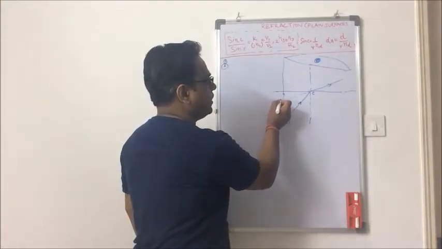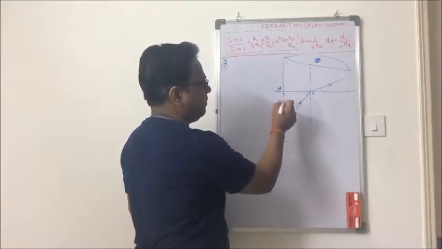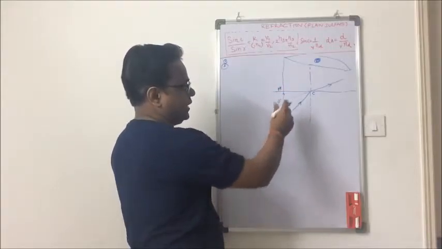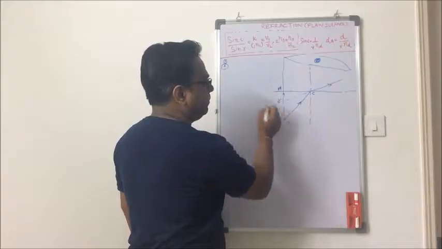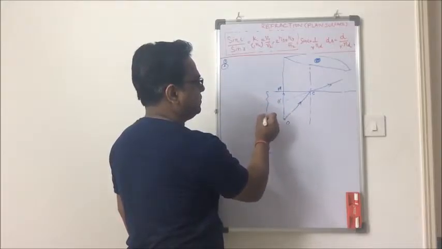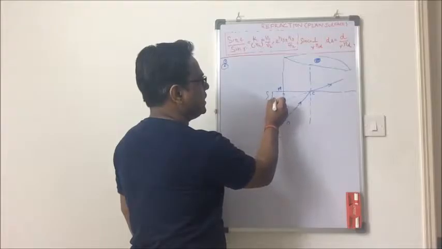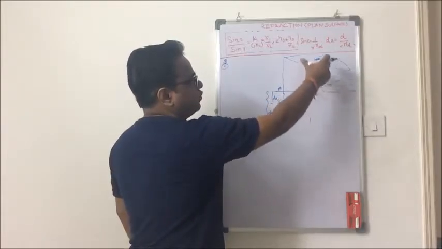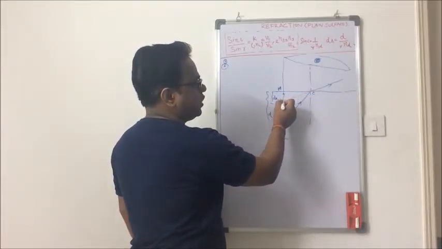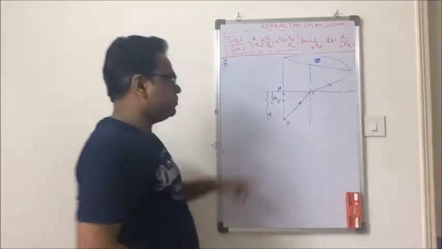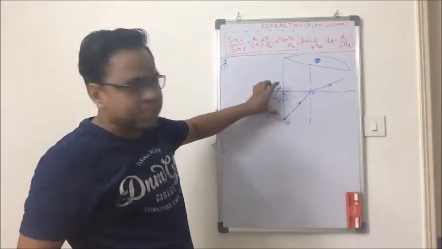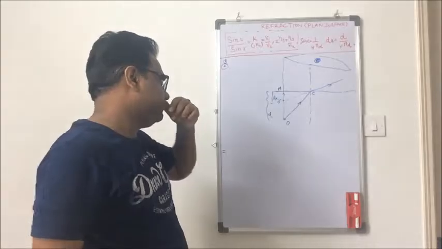So let's say this is O dash, this is your M. Now, if the total depth is D, this would be called dA, because to the viewer the object appears to be here, which is less than D.